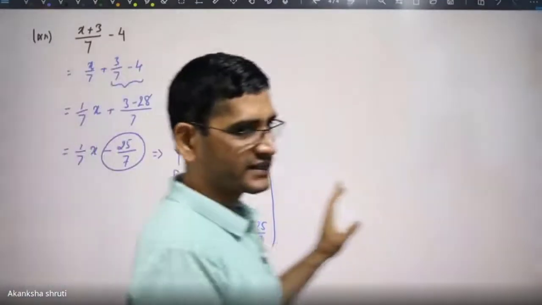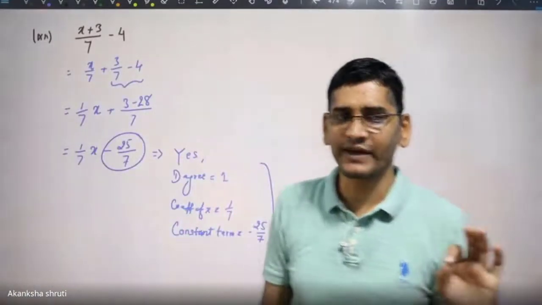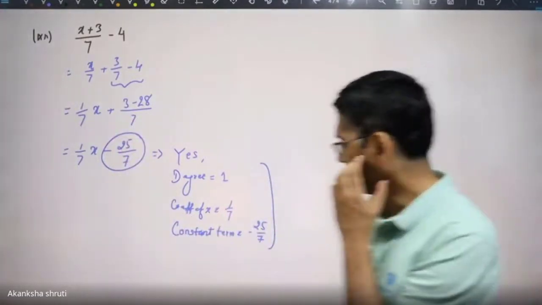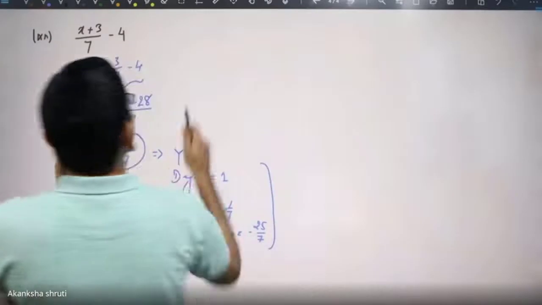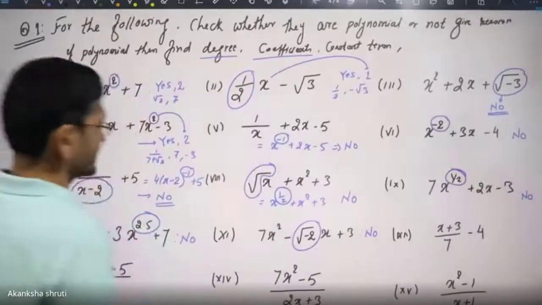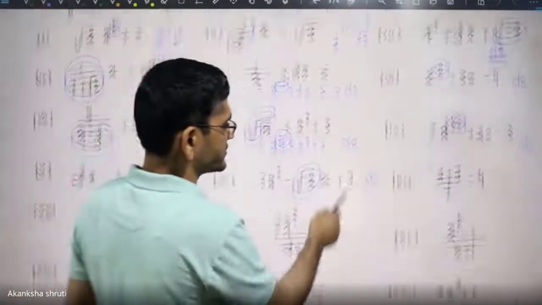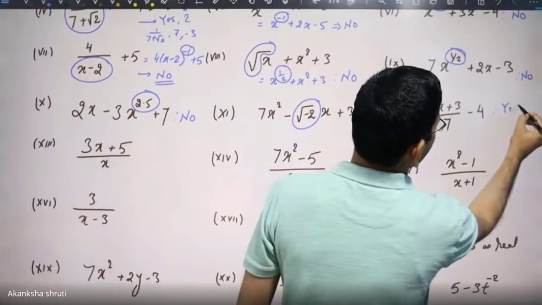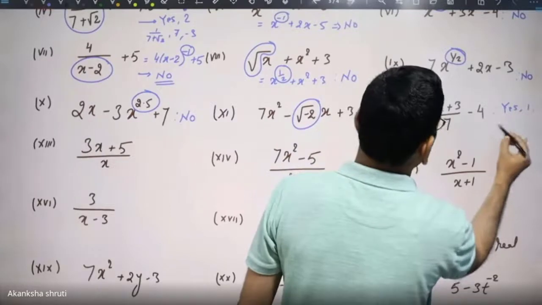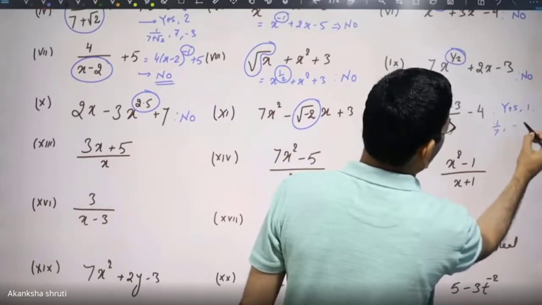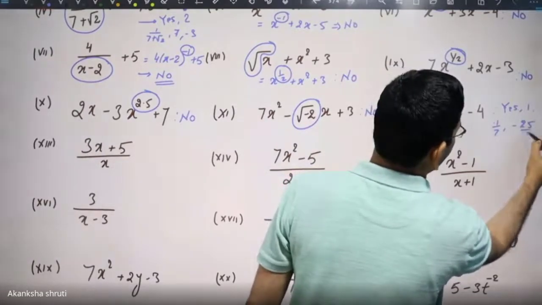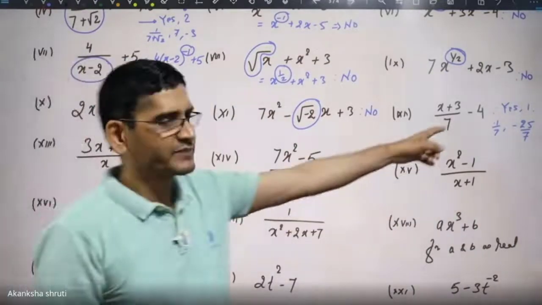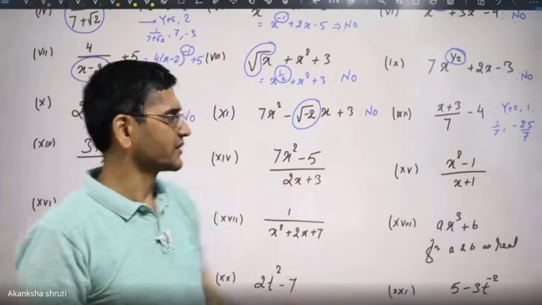Don't just look and answer. If something can be simplified, first simplify it, then tell. It is like this. So the answer for this 12th question is yes. The degree is 1, the coefficient is 1 by 7, and the constant is minus 25 by 7. Okay? Now we have explained it, go and check it.